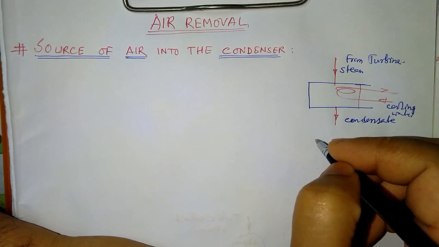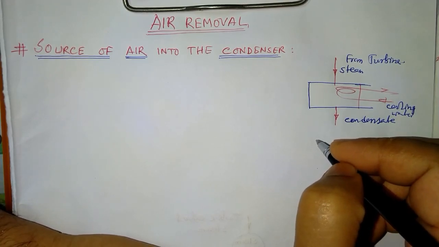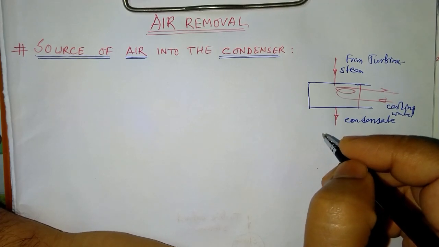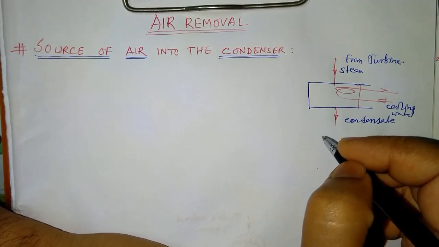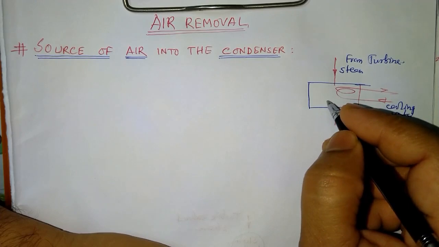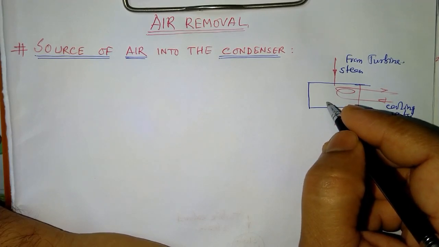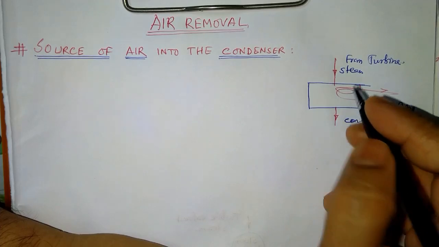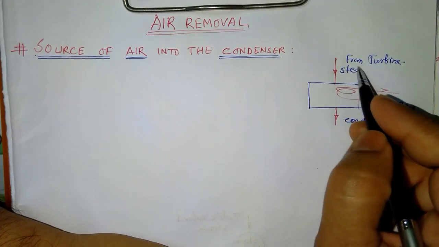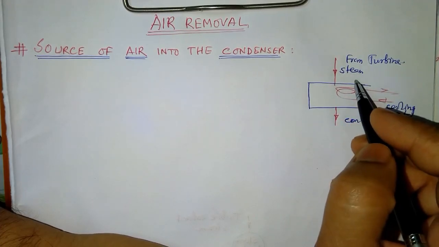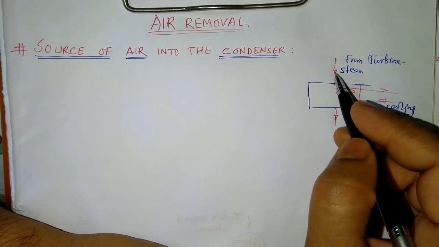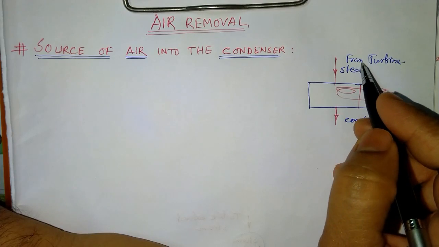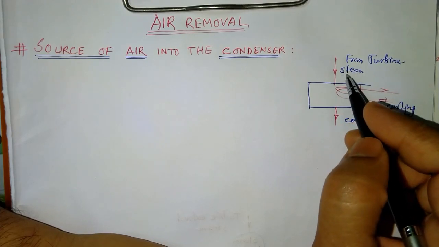So basically we can say that air leaks into the condenser through various joints and flanges due to high vacuum pressure, because inside the condenser there is a high vacuum pressure. Again, with the steam which comes from the turbine, some air also enters the condenser, through the steam turbine shaft.